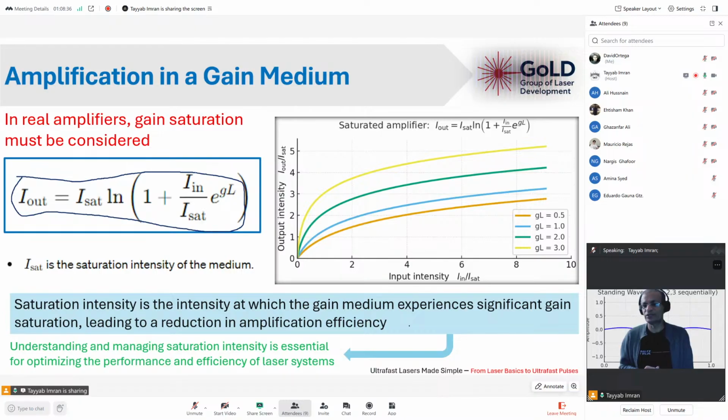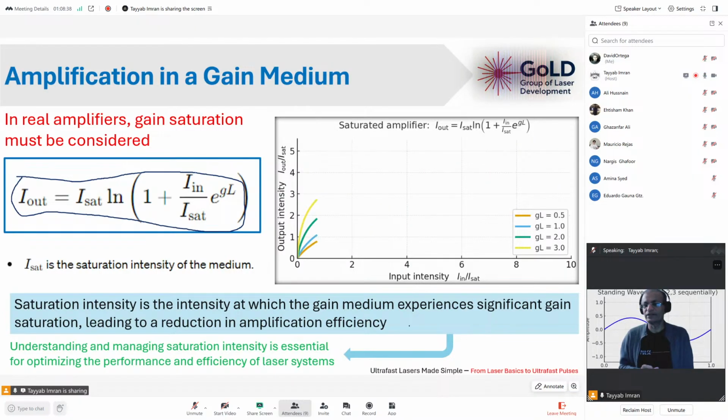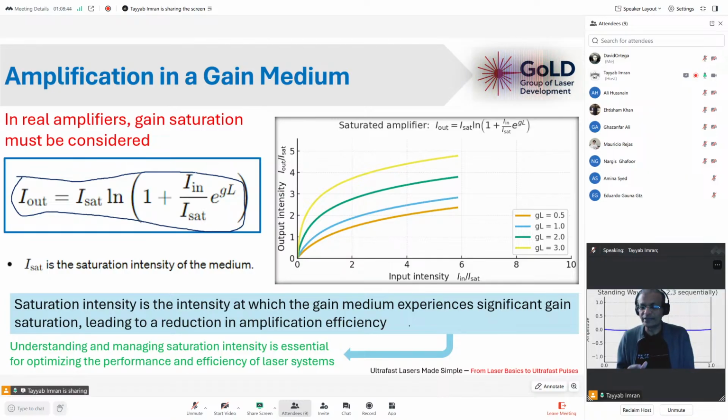This intensity saturation is also called the gain saturation, because at a certain value of the intensity, the crystal or whatever the gain medium is, is not able to amplify further. Like intensity is not increasing at the output.